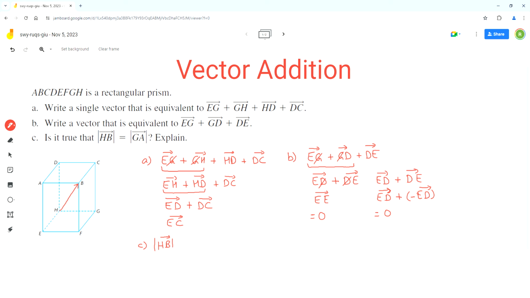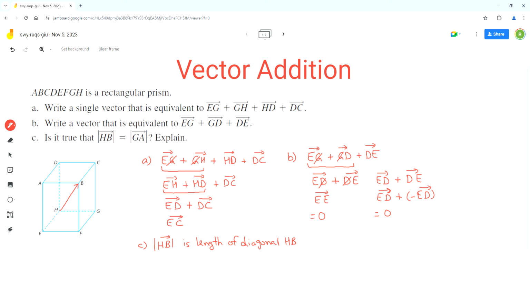So the magnitude of HB is the length of diagonal HB.